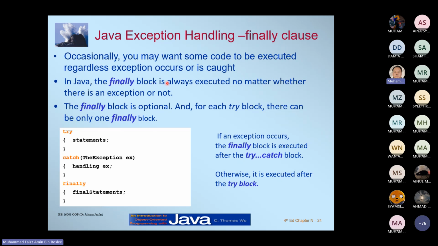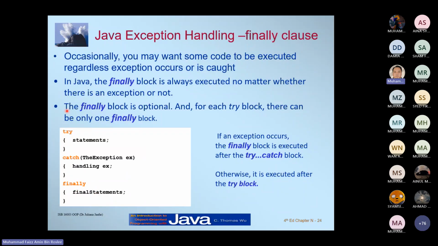In Java, the finally block is always executed no matter whether there's an exception or not. So when you have this finally block and you print something in here, whether there's an error or not, it will always print out the statement or the bunch of code in here.